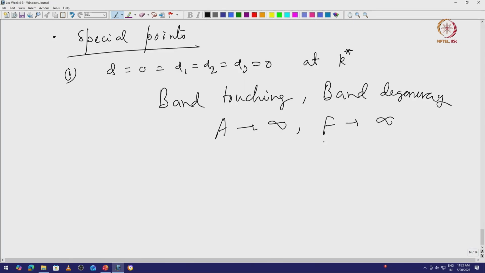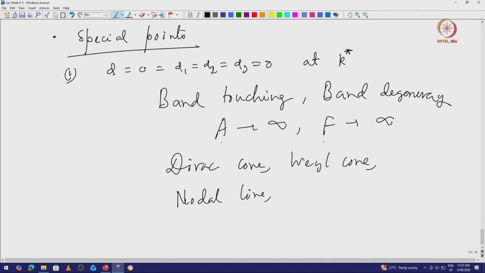Now this is kind of a Dirac monopole, right, because F is proportional to 1 over d, and here also it is proportional to 1 over square root of d. And we will identify them to be Dirac cone, Weyl cone and nodal line or nodal loop.